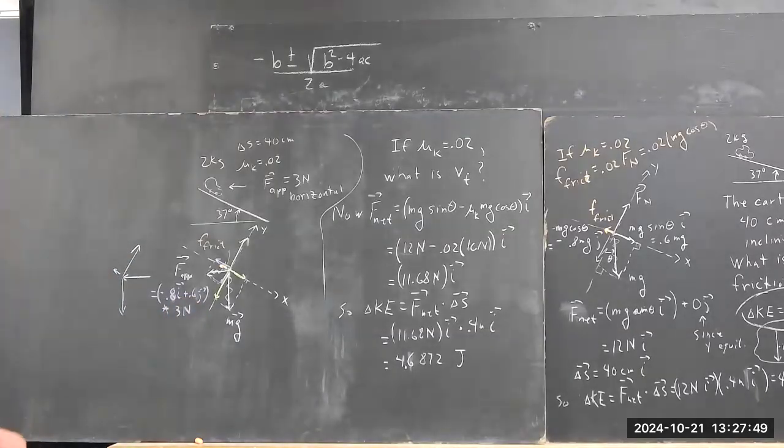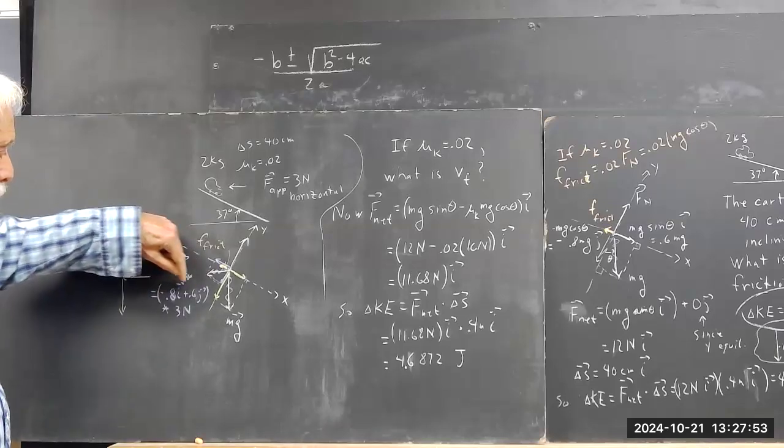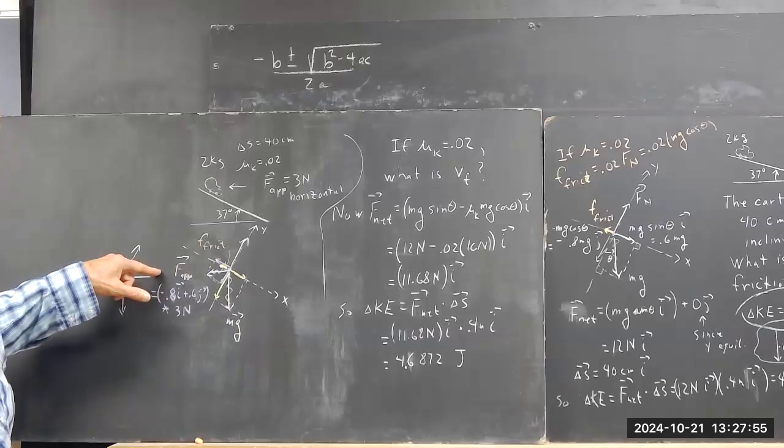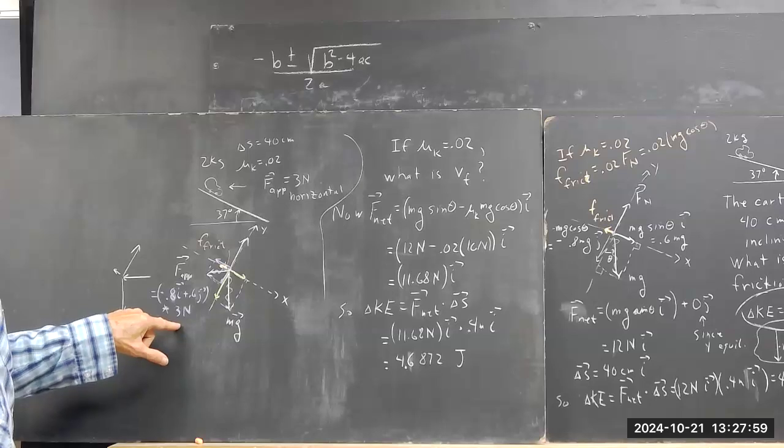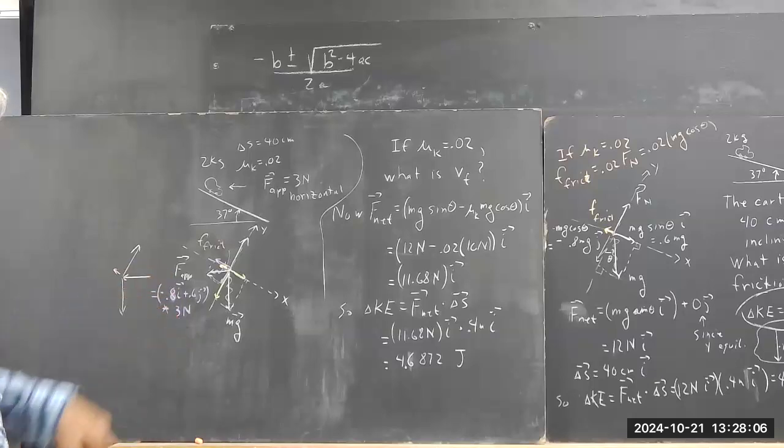Now notice I wrote this, which is a unit vector in the direction of the applied force. And I multiplied that unit vector times the magnitude of the applied force. Okay? Because that can be a very convenient thing to do.